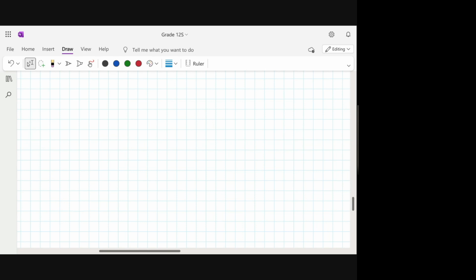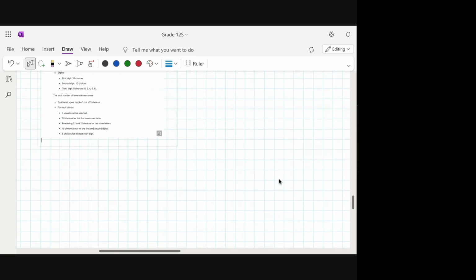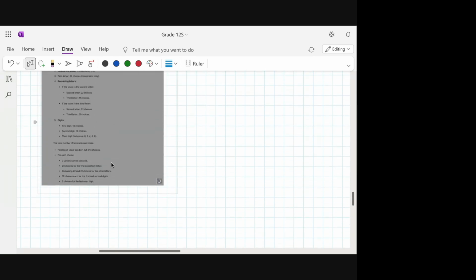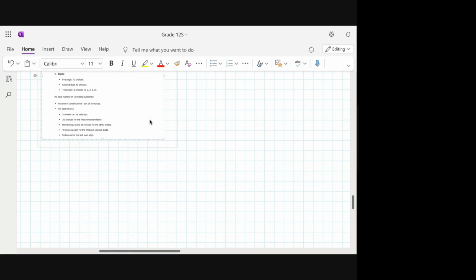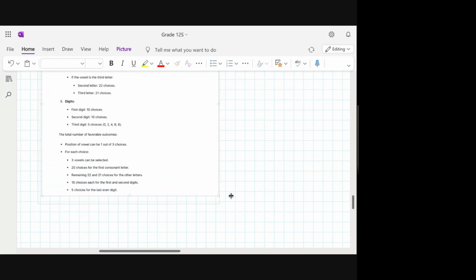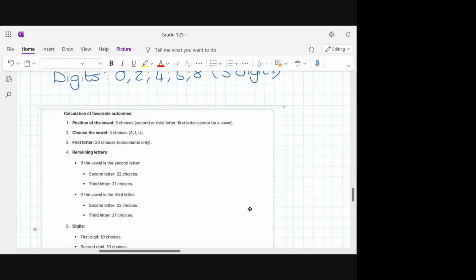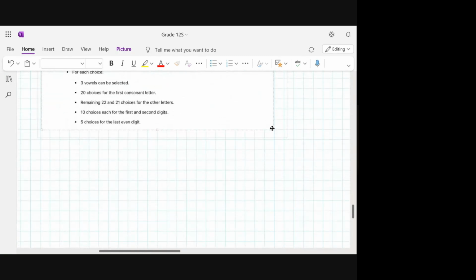I'm worried that we're not going to have enough time to go through it. So here's the first part of it. I'm going to make it a bit bigger for you so you can see. Take a screenshot. It's really well explained the way it's done it.